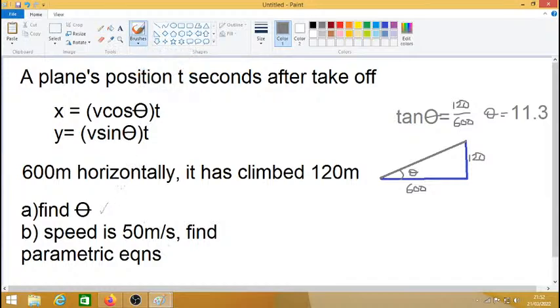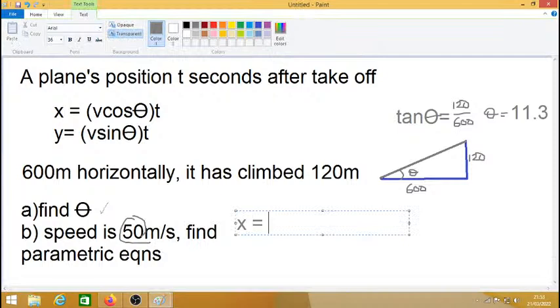Now we need to find the parametric equations. It's given us the speed is 50, so that 50 is the speed, and that's your v in the parametric equations here and here. So let's write out those parametric equations with 50.